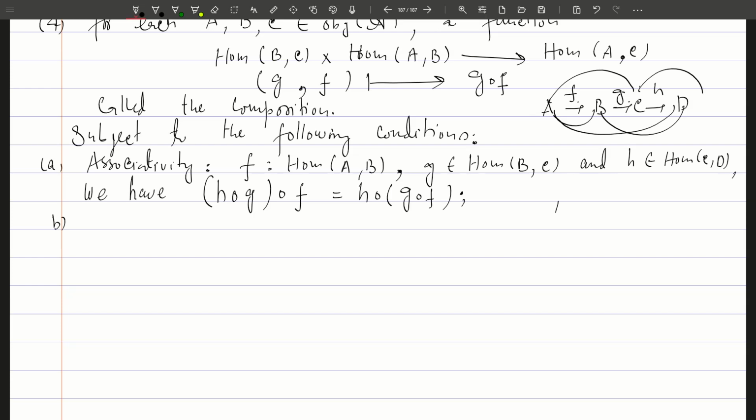And the condition B says that, this condition is called associativity, and the second is called the identity law.